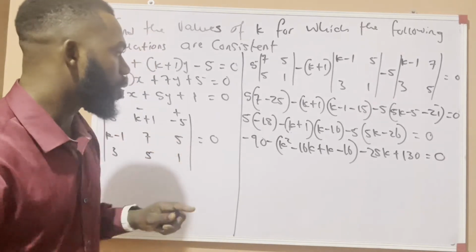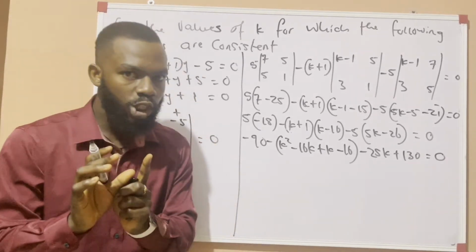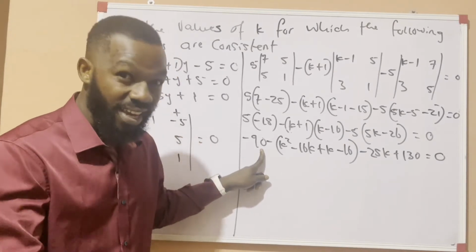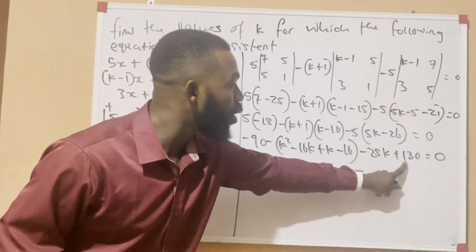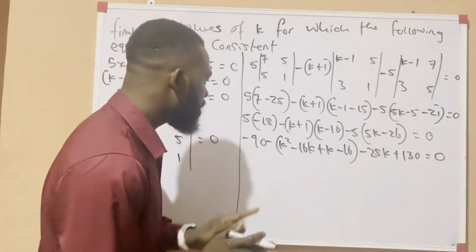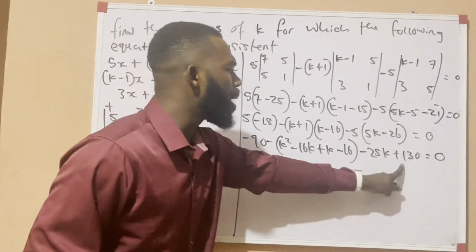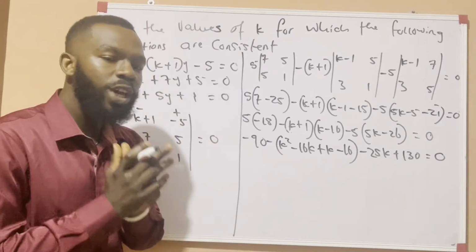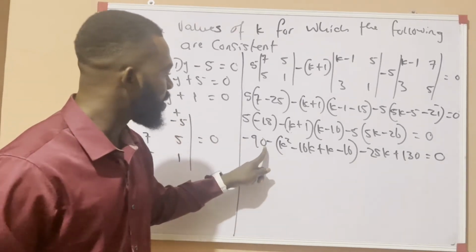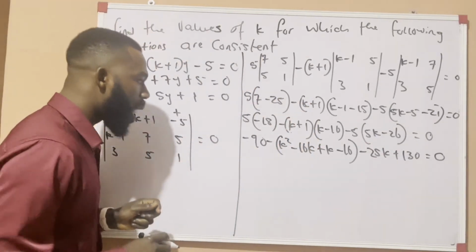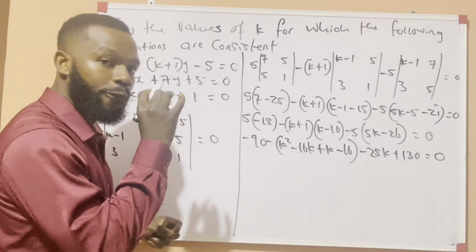Let us proceed. Now, watch what we want to do now. I have minus 90 without a k. I have plus 130 without a k. So it means minus 90 and plus 130 can work together. So if we should do this, minus 90 plus 130 will give us 40.